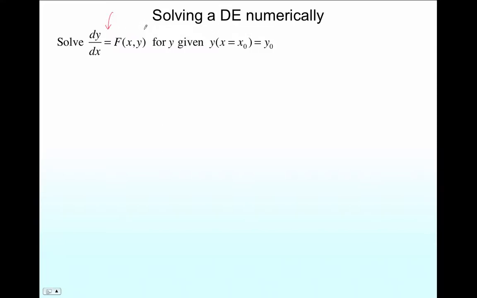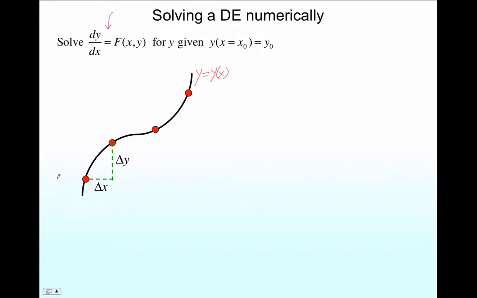Now this is not a simple thing, because you need to know y everywhere as a function of x in order to be able to take the derivative, and then if you take that derivative, that's got to equal this. Well, let's assume that we do know y as a function of x. So that's this curve over here, which is the solution that we are looking for.